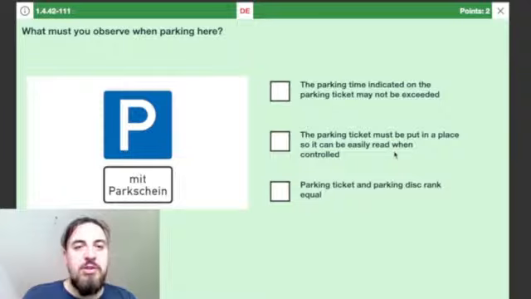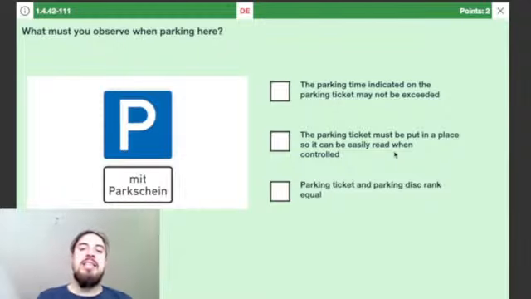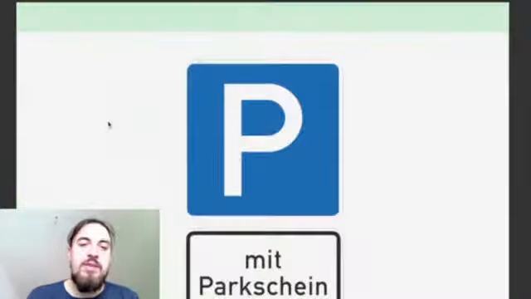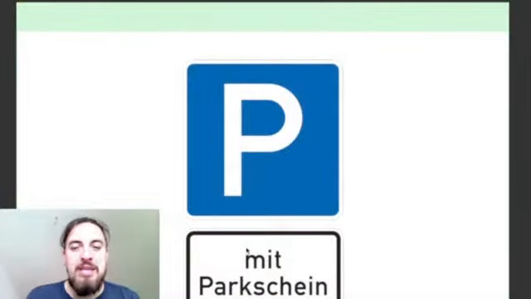What must you observe when parking here? The parking time indicated on the parking ticket may not be exceeded. The parking ticket must be put in a place so it can be easily read when controlled. Parking ticket and parking disc rank equal. All right. Mit Parkschein means that just with a parking ticket, you're allowed to park.